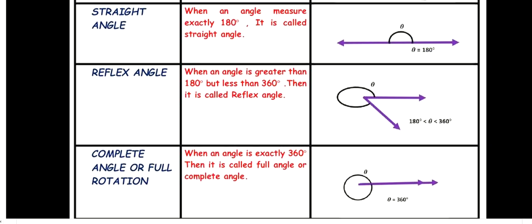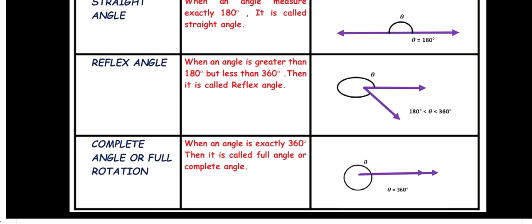When it is greater than 180 degrees and less than 360, it is called a reflex angle. Now guys, you need to understand that for an angle to be a reflex angle, it needs to look something like this. You can't say that this is the reflex angle.